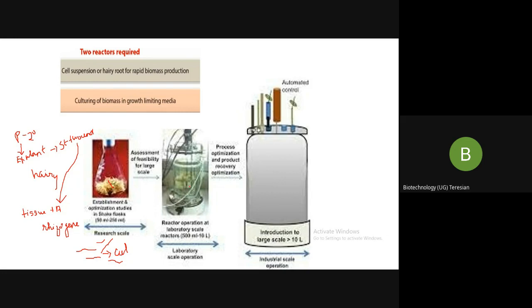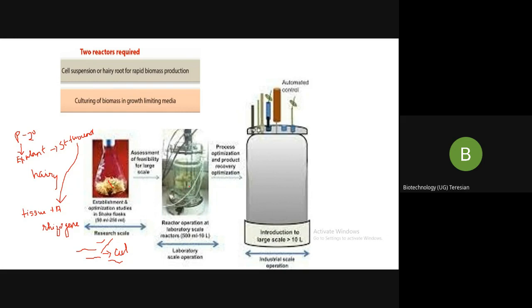Now we are going to change the media to the rate limiting media. Why rate limiting media? I told you carbon, nitrogen, phosphorus are very much required for microorganisms or for cells. And if you limit that nutrient, what is going to happen? The nutrient will not be sufficient. The cells will enter the stationary phase, that is, they are moving into the death phase.